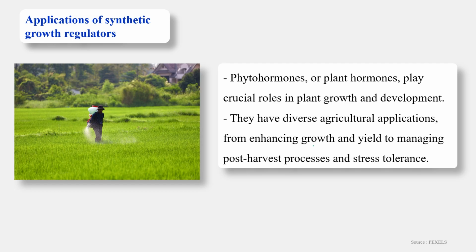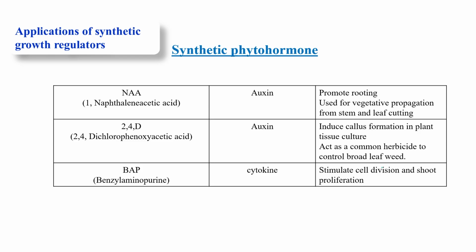They have diverse agricultural applications because they enhance growth, enhance yield, and help manage post-harvest processes and stress tolerance. Now let's discuss some synthetic phytohormones like NAA, 2,4-D and BAP.